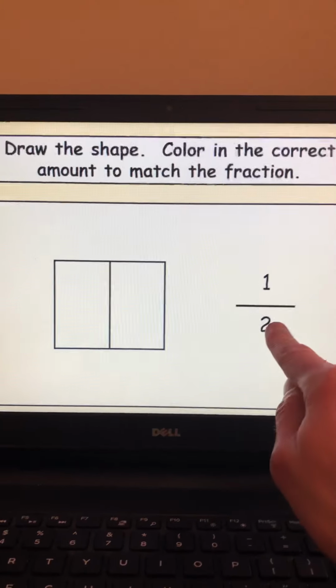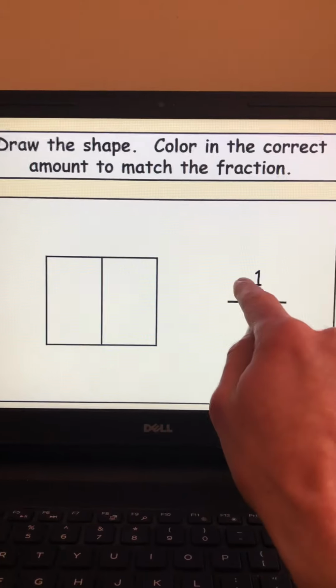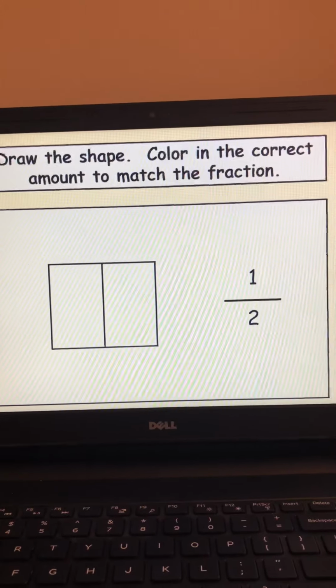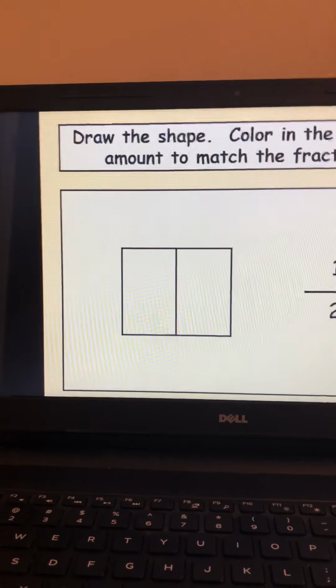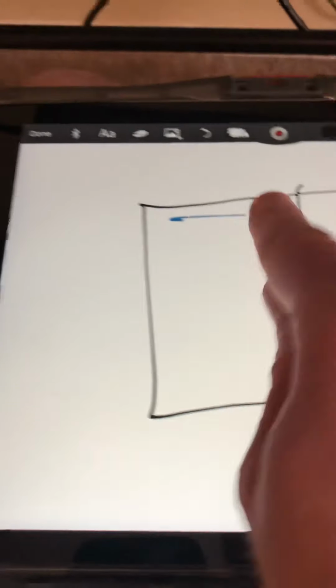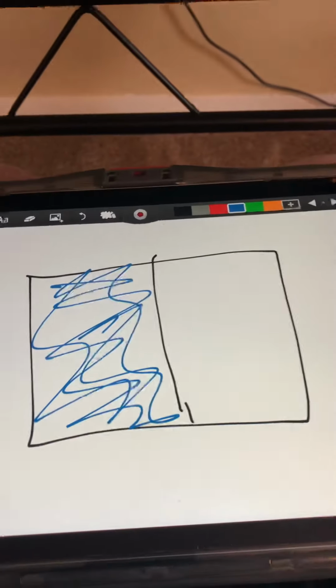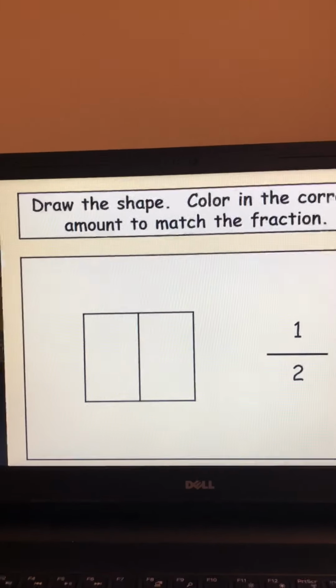So remember, the bottom means that there's 2 shares total. On top, the 1 shows us how many are going to be colored in. So just color in one of them. There we go, that matches 1 out of 2 are colored in.